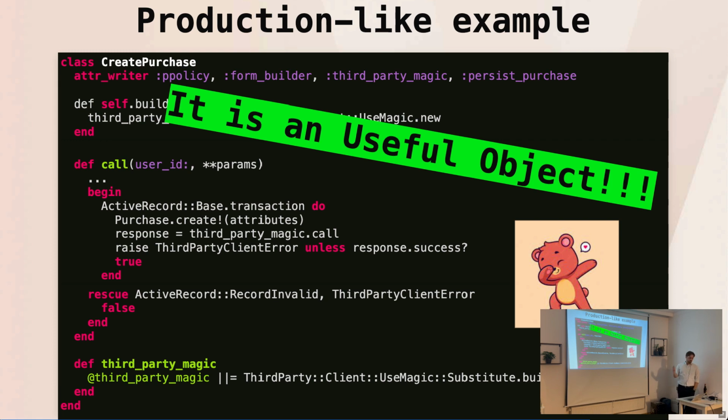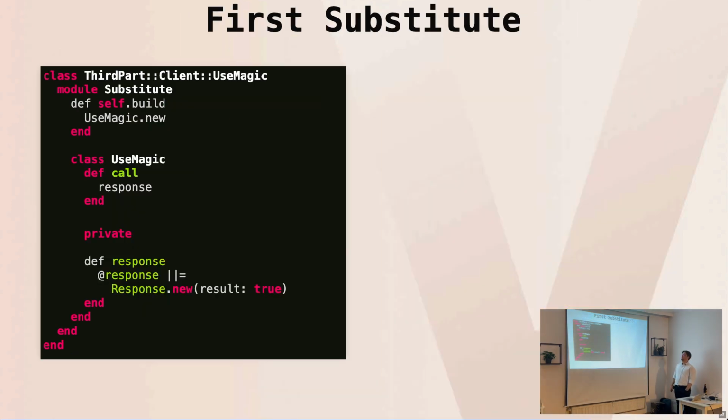So we have user object. It's great, but how to create a substitute? Let's create our first substitute. To be a substitute, we already set all the rules that are required. They should have all the public methods of the useMagic class.